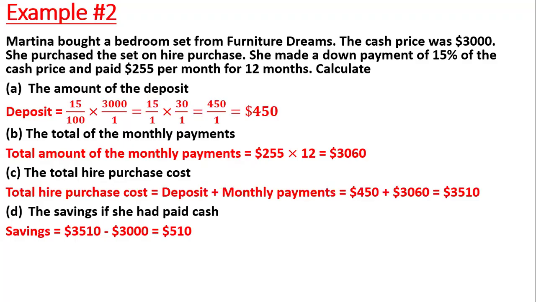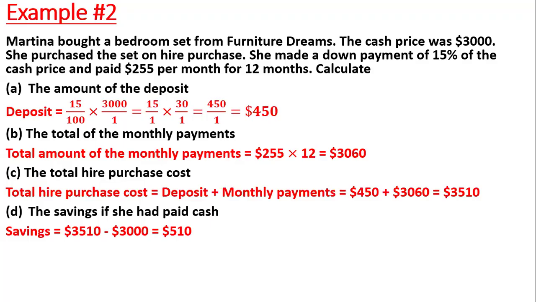Okay, can you explain it again, please? Explain it again, no problem. Which part don't you get? I don't understand it at all. Okay, so let's start with the deposit. How do we get the deposit? 450. But how do we get that? We multiply 15 over 100 times 3,000 over 1.